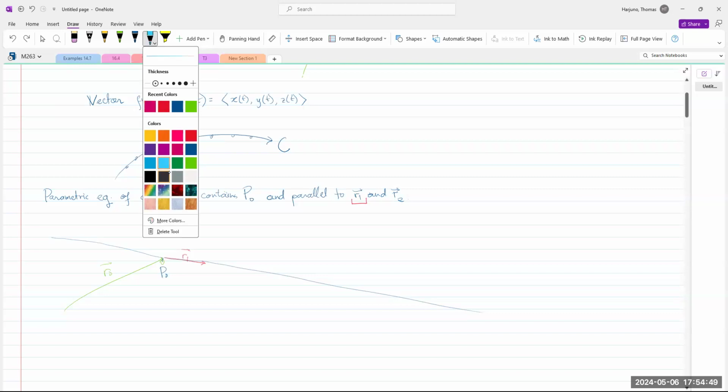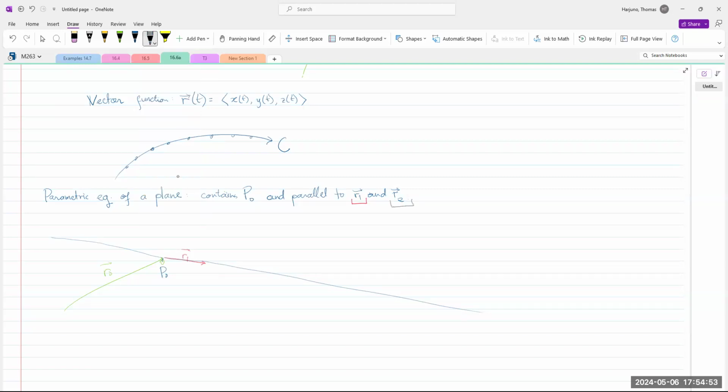Let's say the r2 actually looks like this, so it goes this way. This is our r2. Eventually, as you play with r1 and r2, you will get this kind of grid.